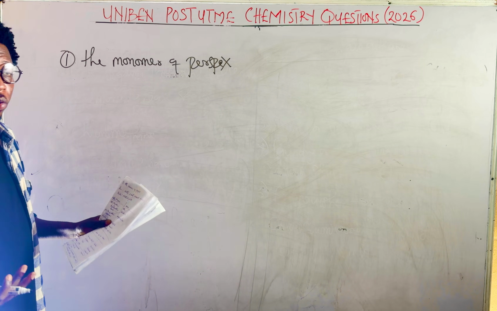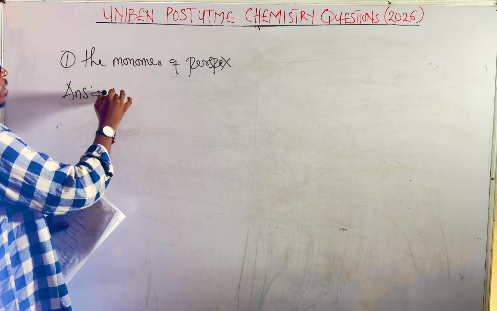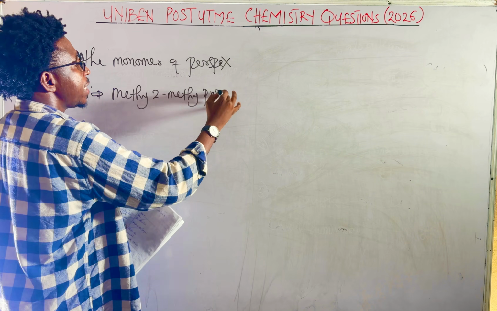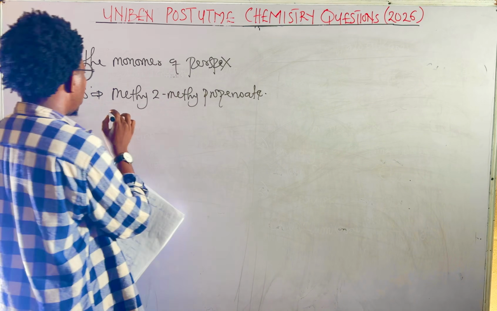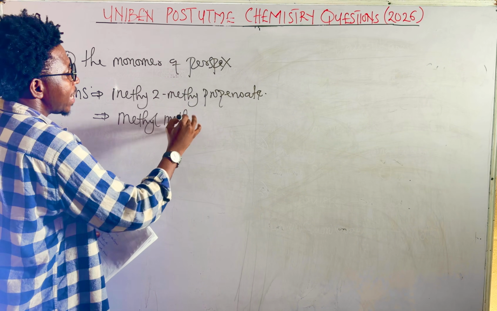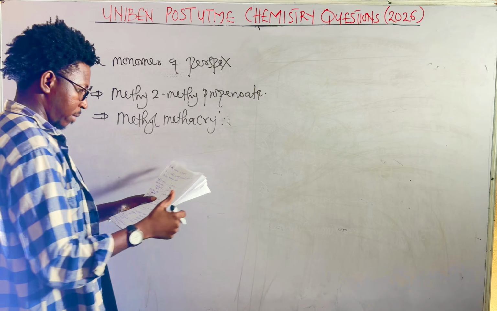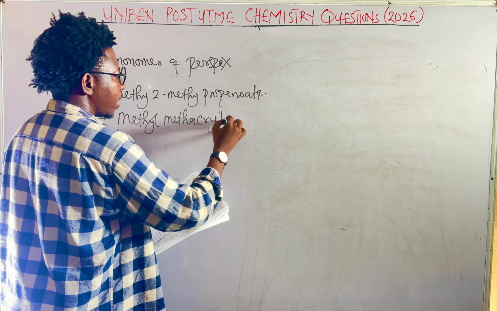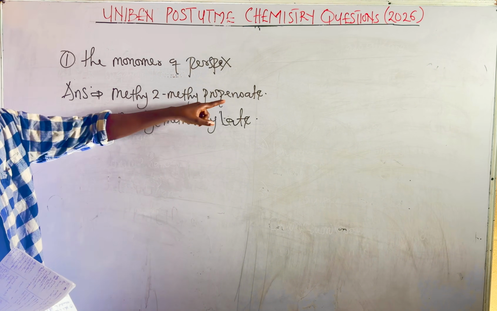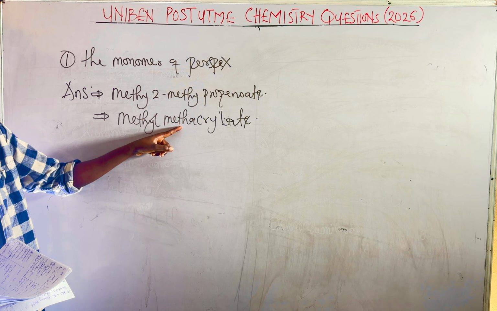Unfortunately, it could not give us the options, but the answer for the monomer of PMMA is methyl 2-methyl propenoate, which was actually given as also known as methyl methacrylate. So it either comes this way or this way: methyl 2-methyl propenoate or methyl methacrylate.